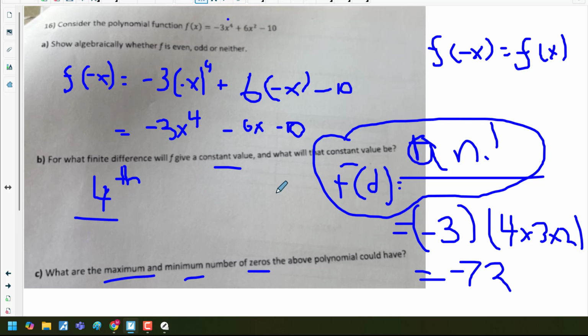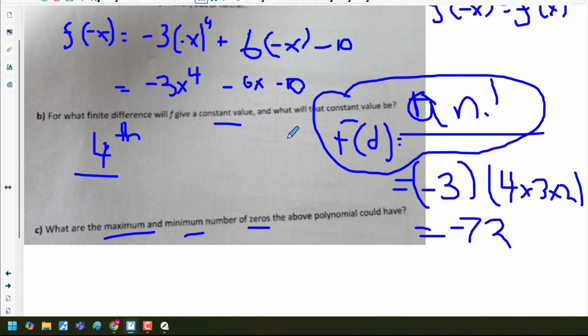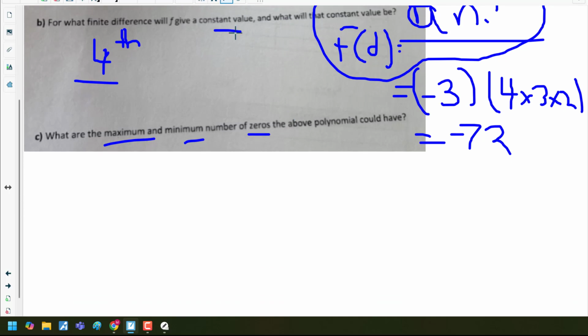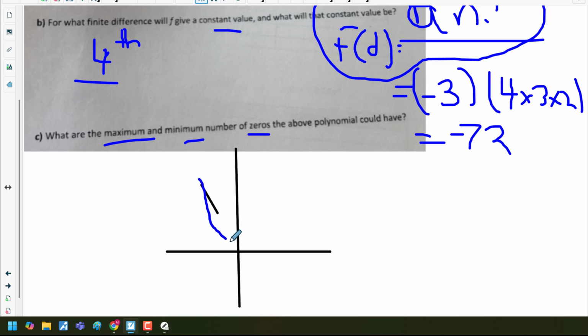So we know the highest degree is 4. When the highest degree is 4, just so you know, a regular y equals x to the power 4 looks like this. That's just y equals x to the power 4, like y equals x squared. Any function like that, where there's nothing else happening, just looks like a parabola like that.